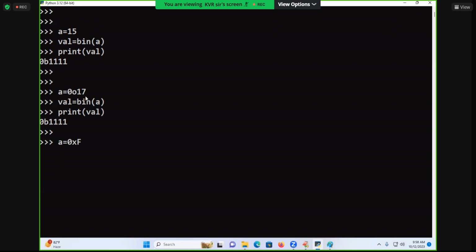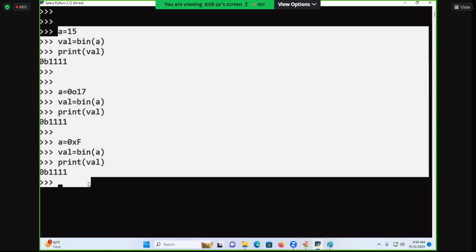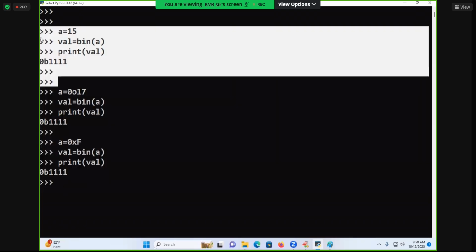Hexadecimal. What is the value of f internally? 15. Converted into which type? 15 is what? Decimal. Converted into what? What is the value? 0B11. And for the easiest calculation, I converted the same thing. Is it understandable or not?